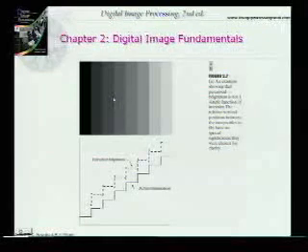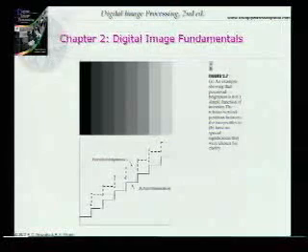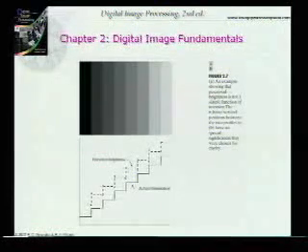So this is what's referred to as the Mach band effect. Okay, and again, it's just something that you perceive, showing you that the brightness of the images that you're looking at are not necessarily 100% correlated with what you actually perceive, and the eye can get fooled in many different ways.